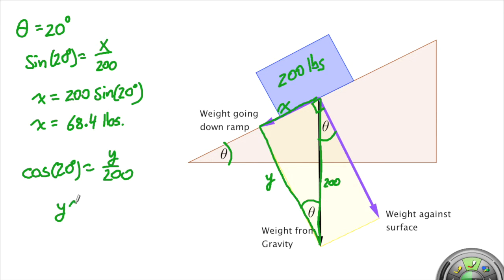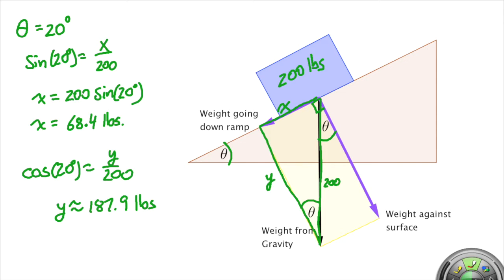So y is approximately 187.9 pounds. That's how you find out how much weight is going against a driveway or an upward hill road where you parked your car. And the force going downhill would be the other one. So that's the general setup of what happens when you put a weight on a ramp.